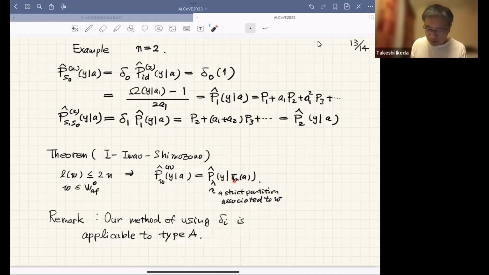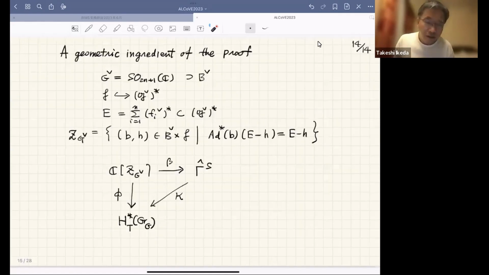Okay, basically that's the result. So let me briefly explain the geometric ingredient of our proof. We actually use a kind of geometry related to the Toda lattice of type D. Here, G check is odd SO, and we can consider this kind of affine variety as a closed subset of the product of B check and h.